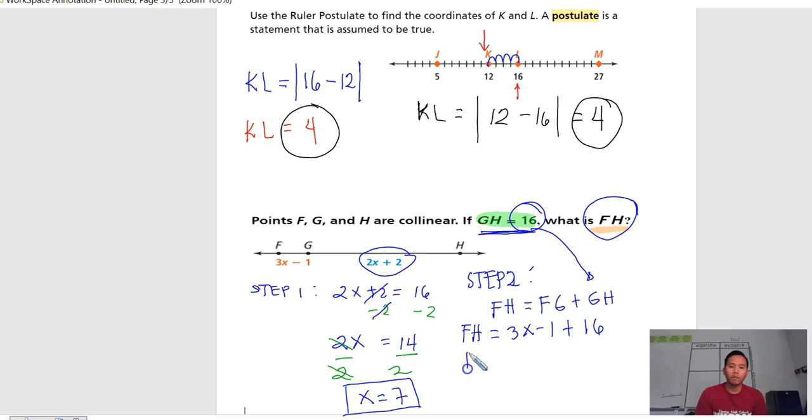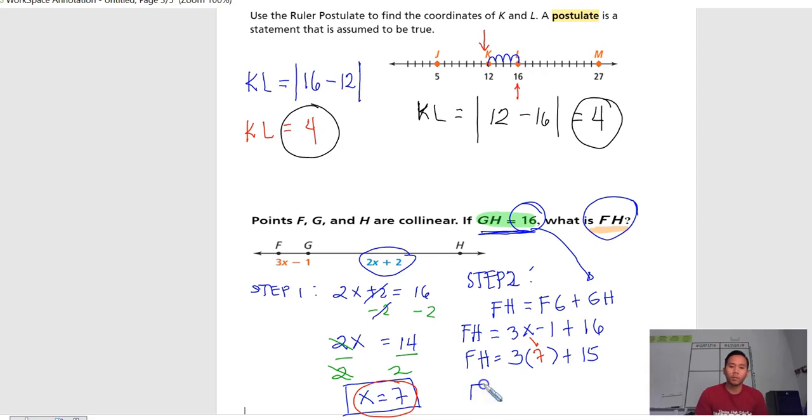So FH is equal now to 3, and we already know the value of x, which is 7, so I'm going to plug that in. Where did we get that? It's here. We solved it in step 1. Based on step 1, x is equal to 7. And then we have to subtract 1 and 16, so 16 minus 1 will be positive 15.